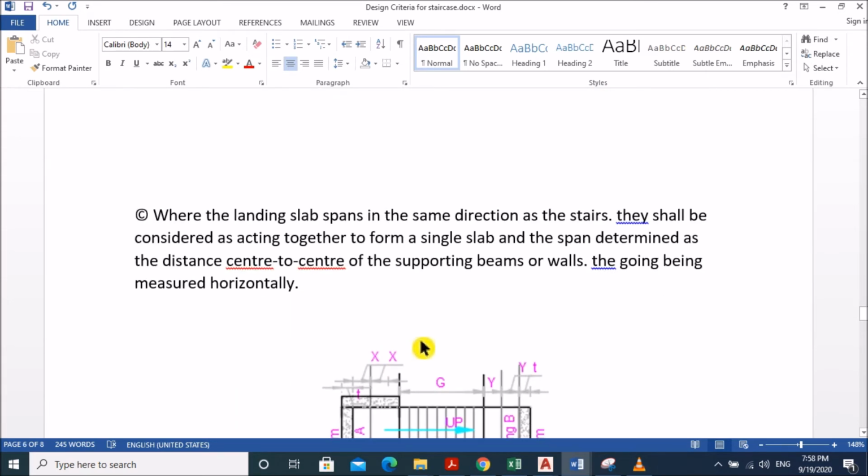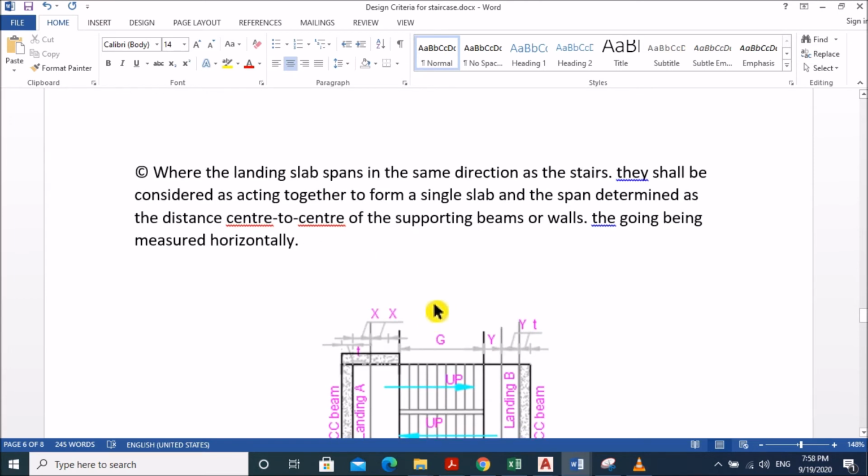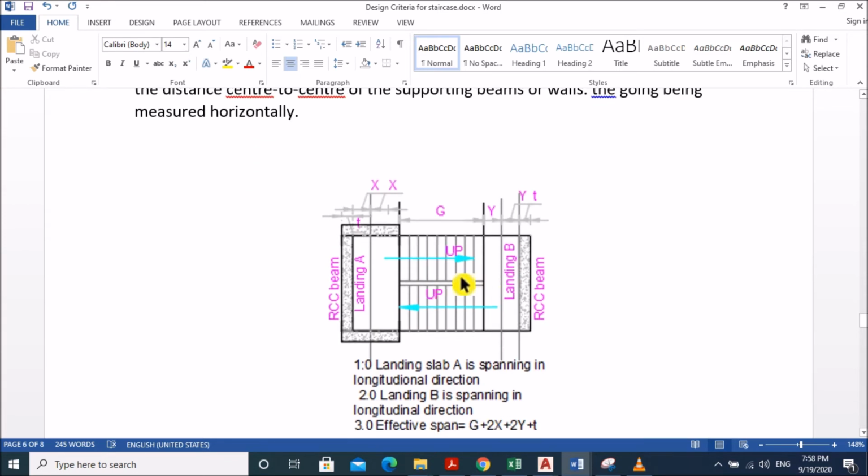Clause 3 is where the landing slab spans in the same direction as the stairs; they shall be considered as acting together to form a single slab, and the span is determined as the distance center to center of the supporting beams or walls, the going being measured horizontally. It means the flight should be measured in horizontal projection. In that case, two ends of the landing are fixed.